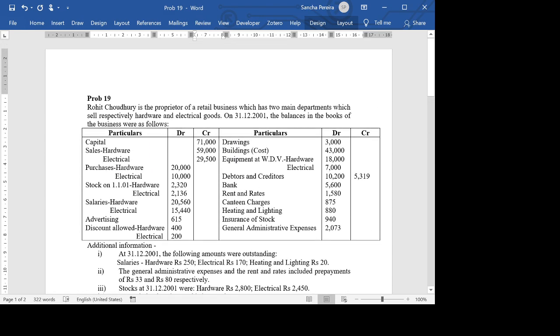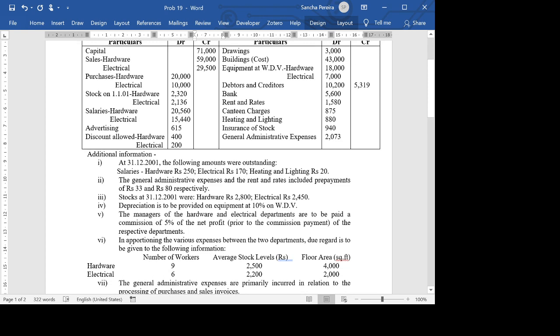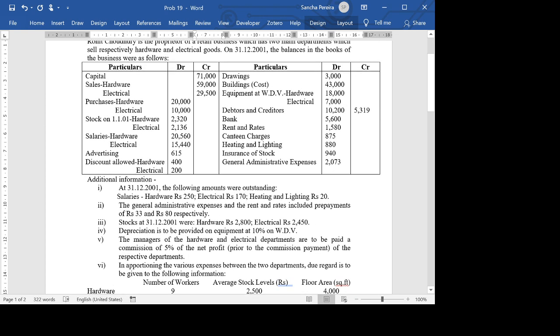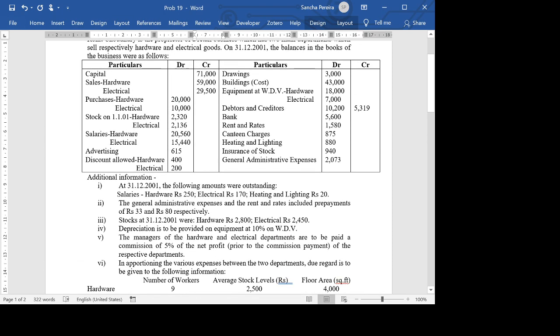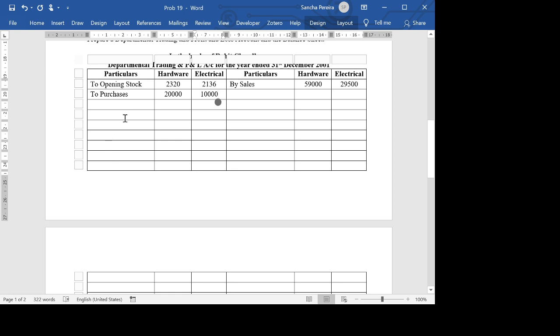Then there is salaries. Salaries normally go to the profit and loss account. So I'll leave some space and post that so that we don't forget. I don't think there's anything else besides gross profit that goes there. So I will just leave a line for gross profit.